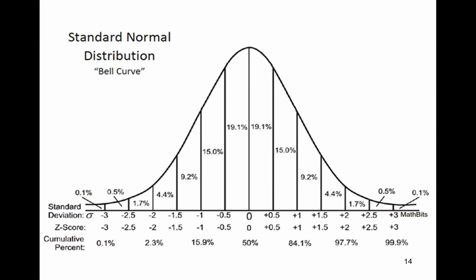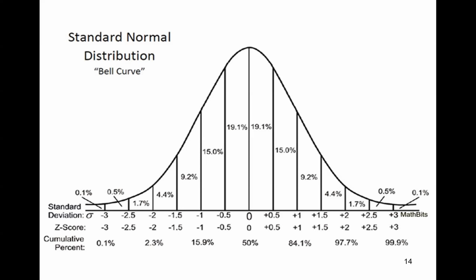Now we can calculate for any given value of X what the probability is. So for example, the probability that X is less than -3 is going to be 0.1%.